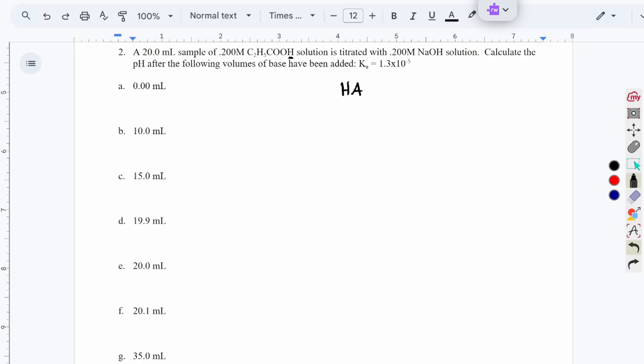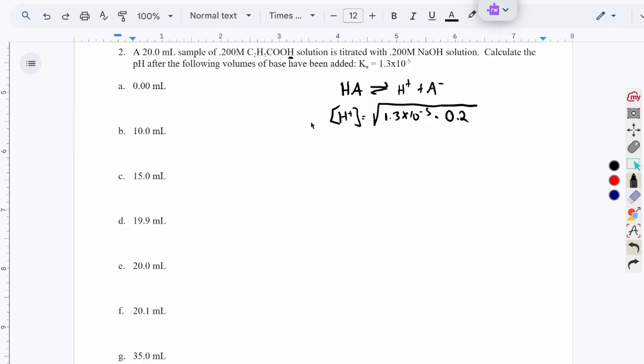So at first it says, okay, 0 milliliters of base has been added. That is just a weak acid calculation. So we've got HA dissociates into H plus and A minus, and it gives us our Ka here. So we could do our whole ICE table thing, or we could just say our H plus concentration is going to be equal to the square root of Ka times our acid concentration, which is 0.2 molar.